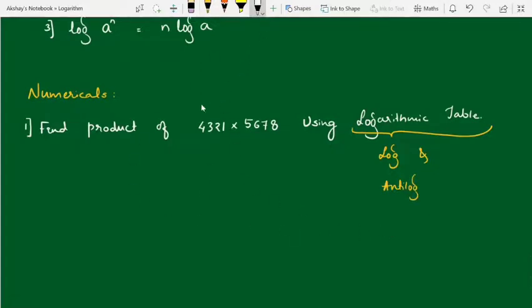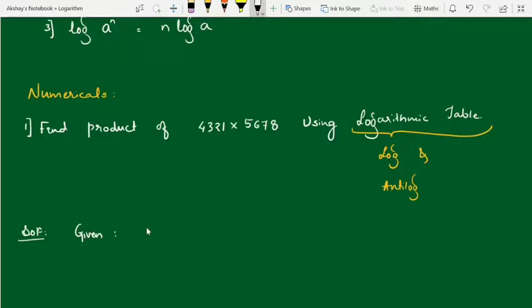First of all, it is in the format of A into B. Okay, shall I write start solution here? So it is a product value, 4321 multiplied by 5678. Product means what we'll be getting after applying the log table. I mean, with log we are going to get a plus sign, right? So let me write here.